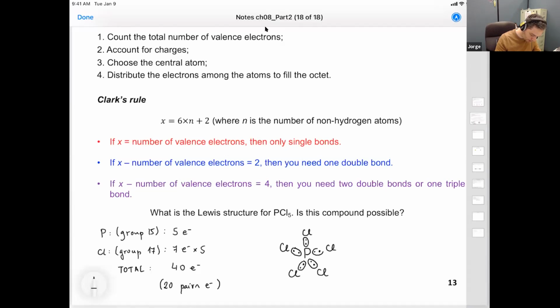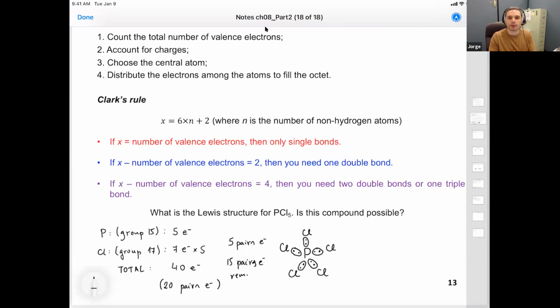Okay, so the pair now belongs to both atoms. Just to make the single bonds, we spent 5 pairs of electrons. 1, 2, 3, 4, and 5. Therefore, there is still 15 pairs of electrons remaining.